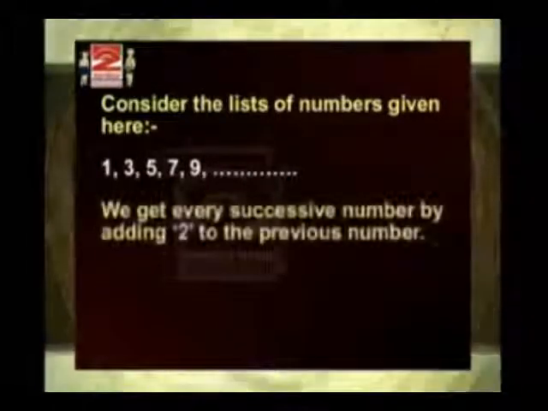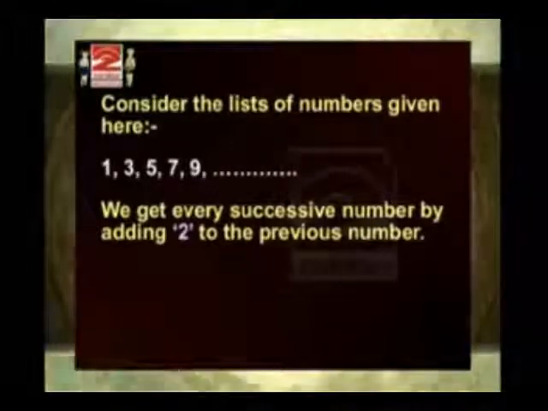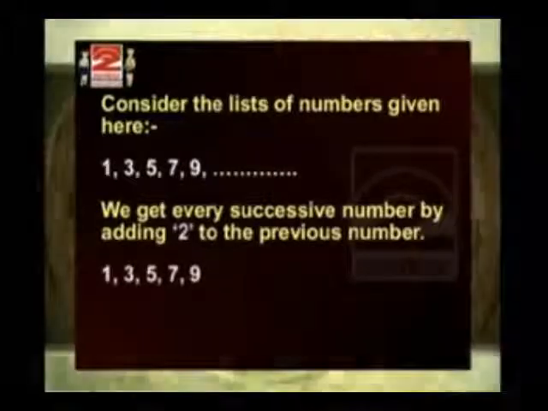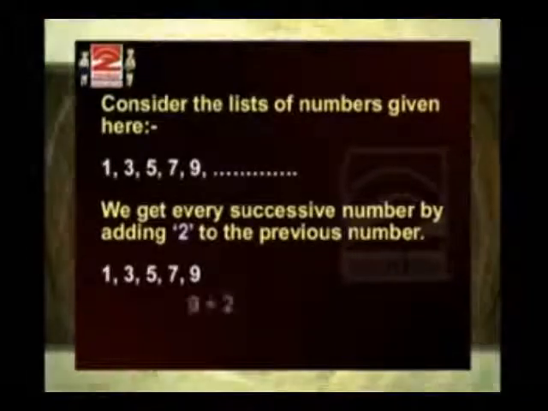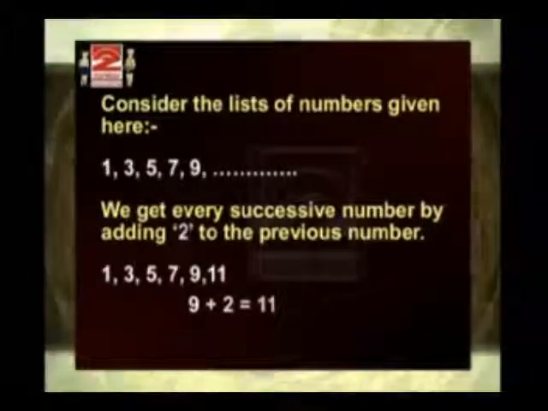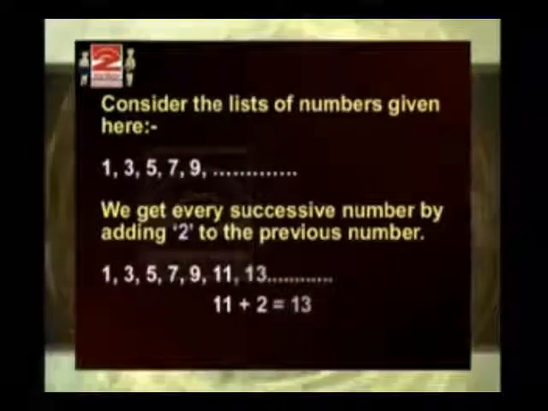That means we get every successive number by adding 2 to the previous number. So naturally, the next number in this series will be 9 plus 2, that is 11. Next one will be 11 plus 2, that is 13, and so on.